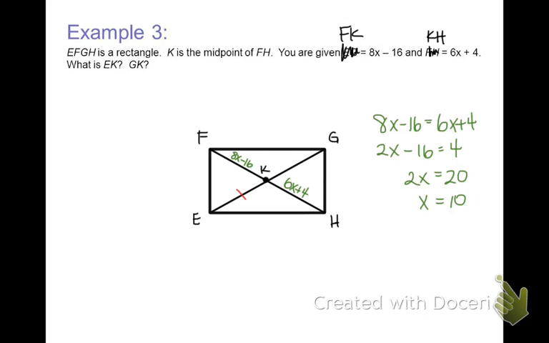Right, because here's EK, that's what I'm looking for, and KG. Megan? Okay, so let's plug x into one of the equations. If I do that, I'm going to get 8 times 10 minus 16, which is 80 minus 16, which is 64. Why does that help me with the other chunk?